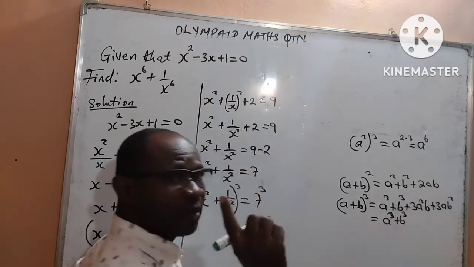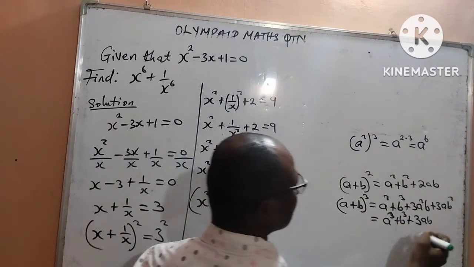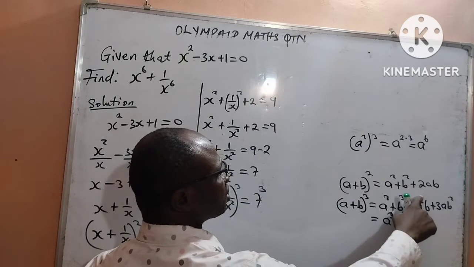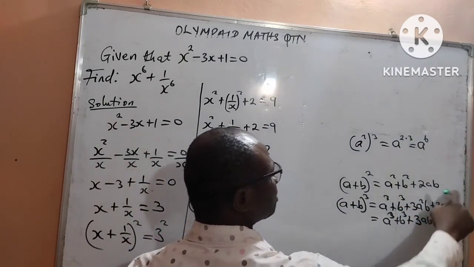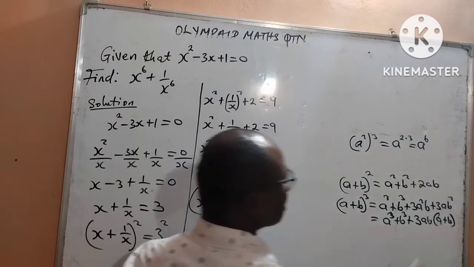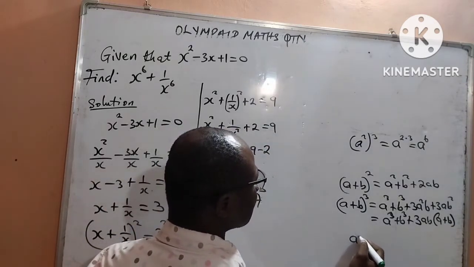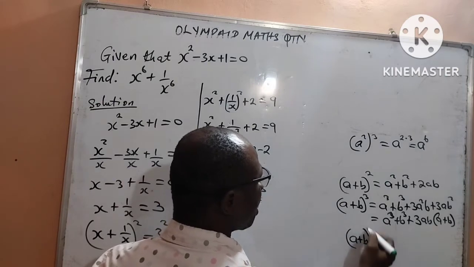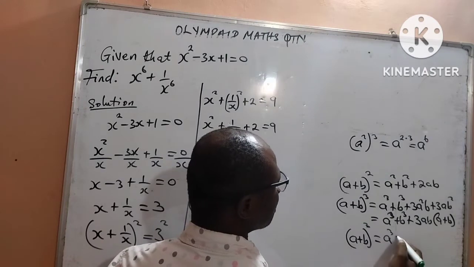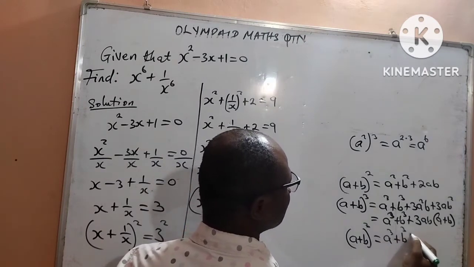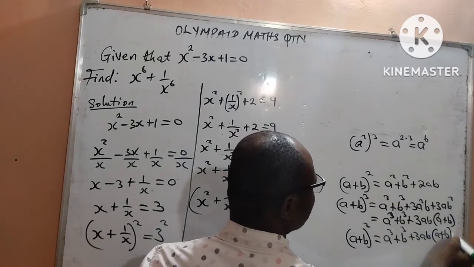This and this, what is common there for me is 3ab. Now left here, since a is squared here, is a. And left here, since b is squared, is b. So we can simply say that (a + b)^3 is equal to a^3 + b^3 + 3ab(a + b).